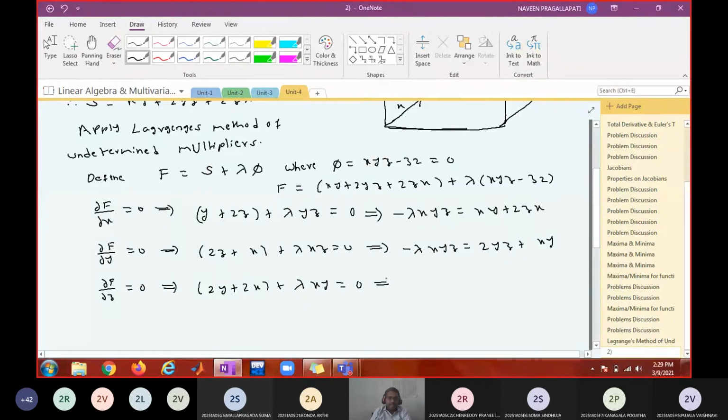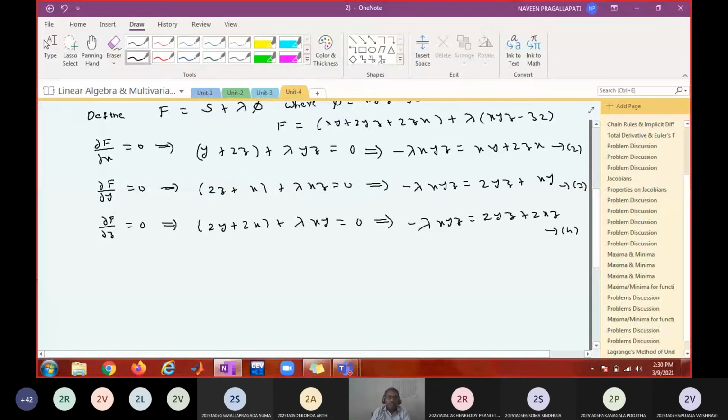Next, third equation, if I multiply both sides with z, minus lambda xyz is equal to 2yz plus 2x. Okay. So call this equation 1, call this 2, call this 3, call this 4.